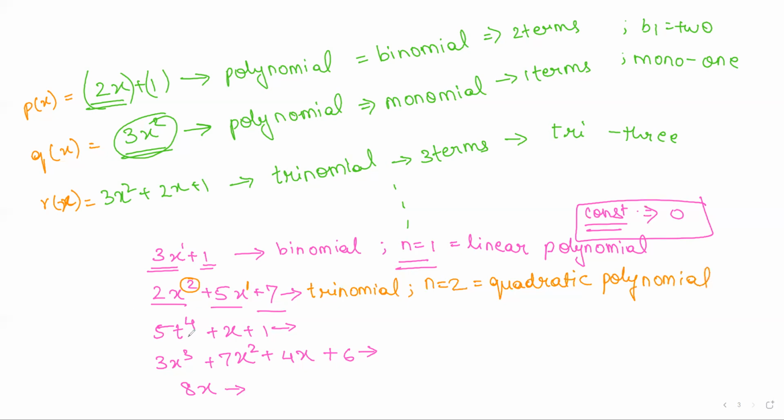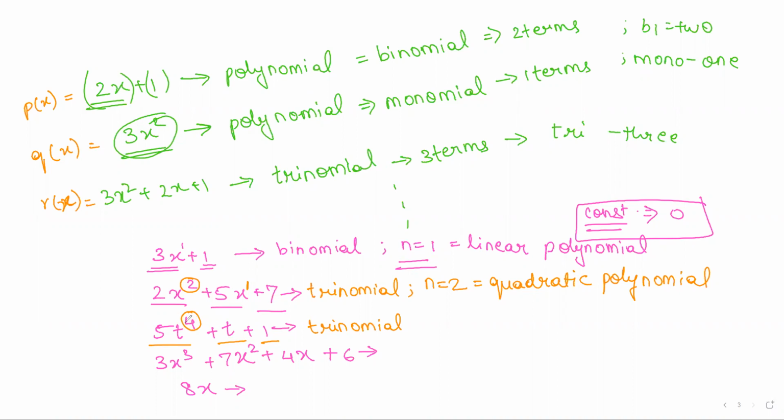In the third expression, you have three terms. So it is a trinomial. The maximum power of t is 4. Let's change this x into t to avoid any confusion. So in the first term, the power of t is 4.